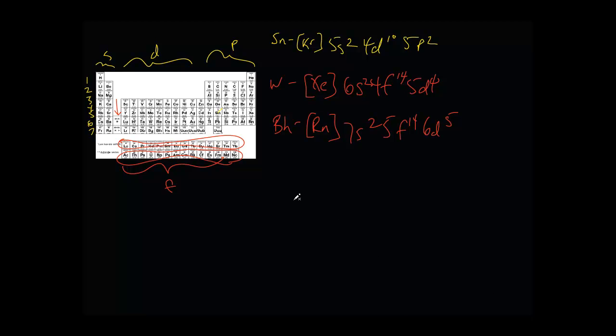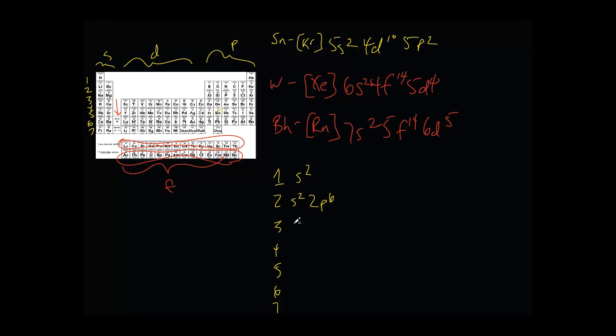To sum up everything in terms of filling orbitals, and the periods 1 through 7, it's going to go like this: 1, 2, 3, 4, 5, 6, 7. In the first period, it's just going to be 1s2. In the second period, it's going to be 2s2, 2p6.